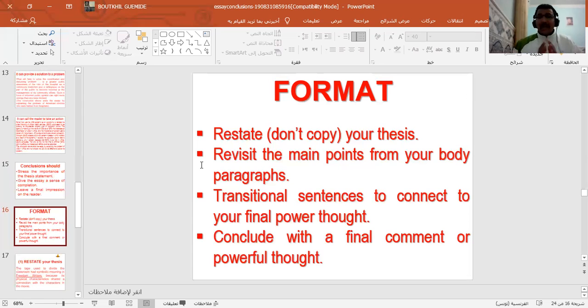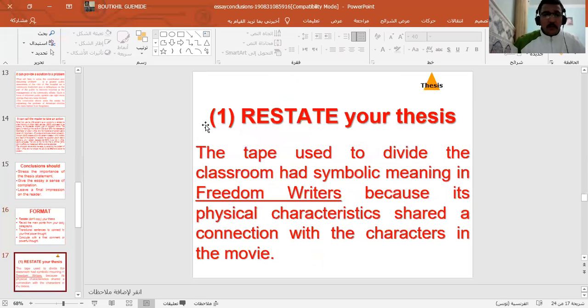And then the last section is your final word, which indicates your powerful thoughts. Let's review this format in the following example.